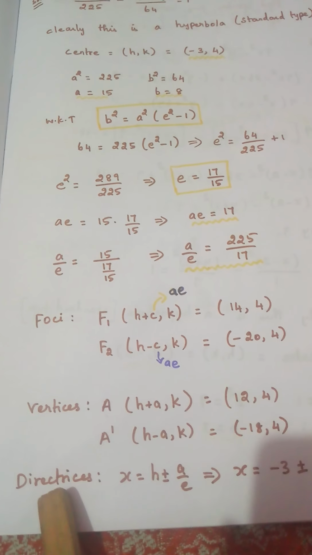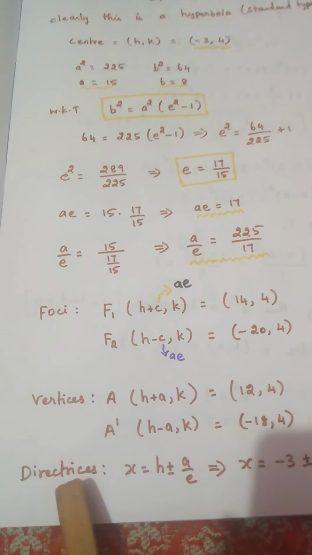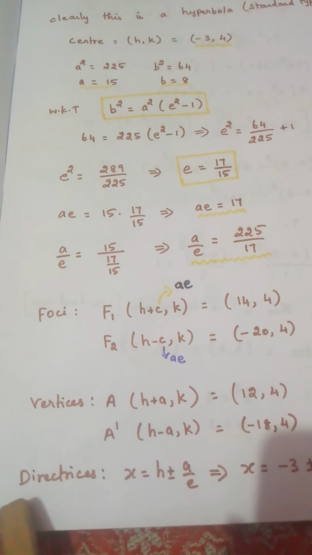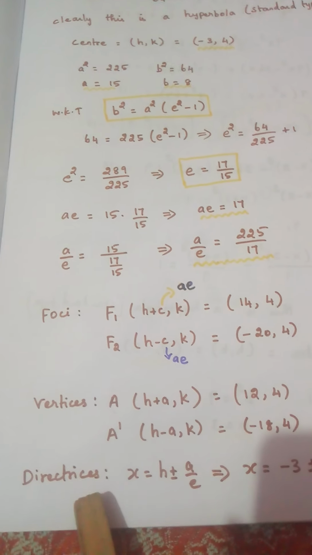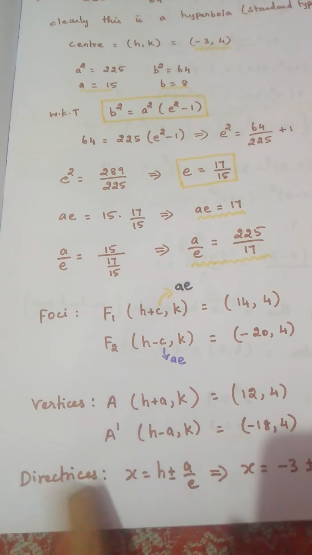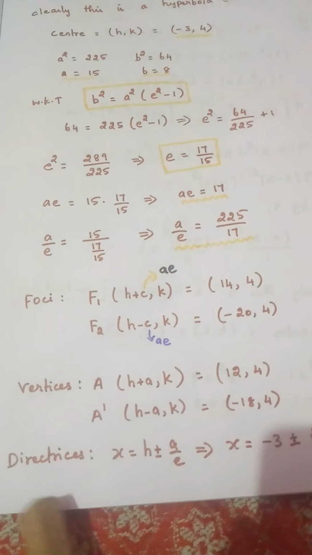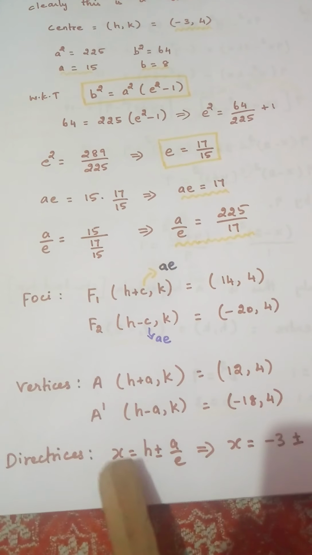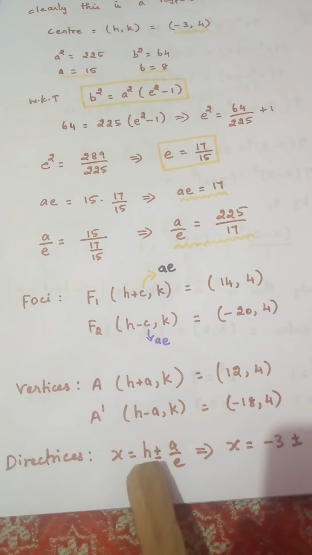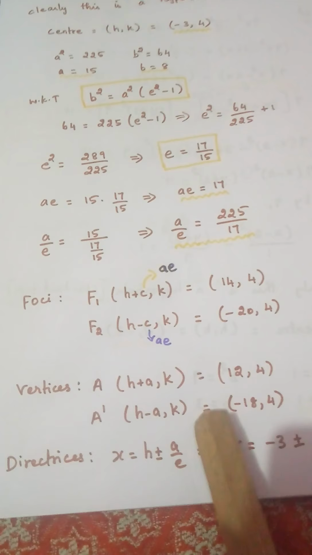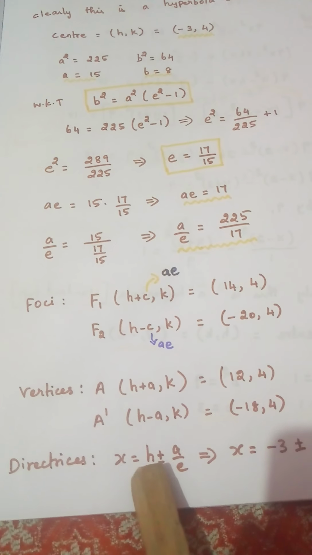Next and last one is directrices. What is the formula for directrix? We have two formulas. Standard type means one formula, non-standard means another formula. This is standard type, so we should write the formula x is equal to h plus or minus a by e. What is h?